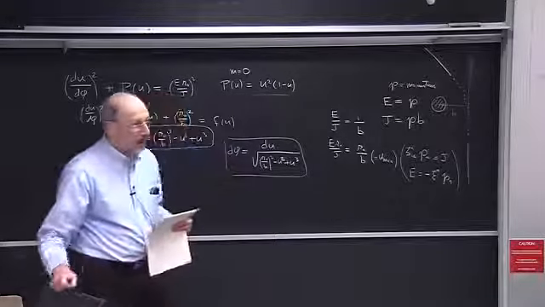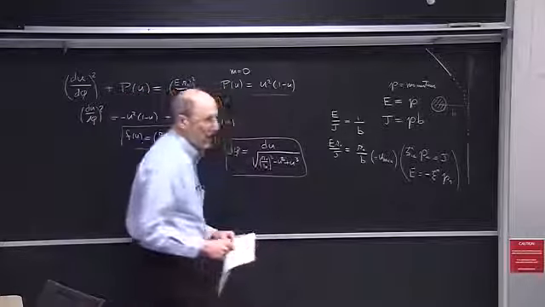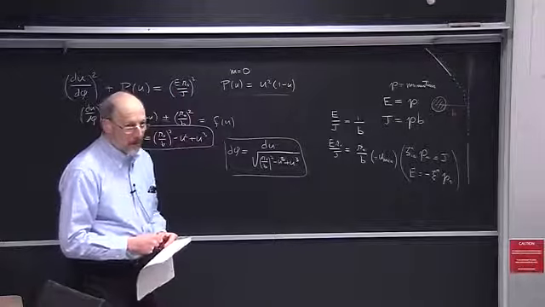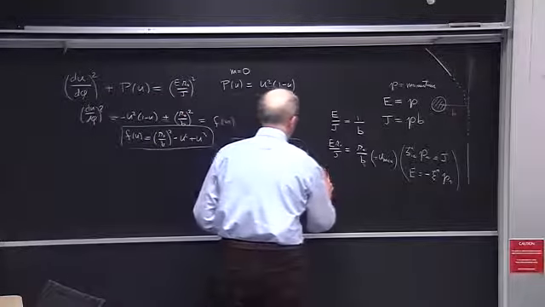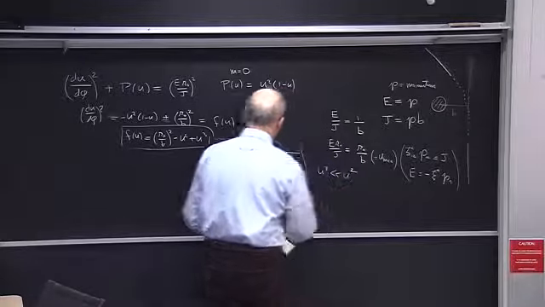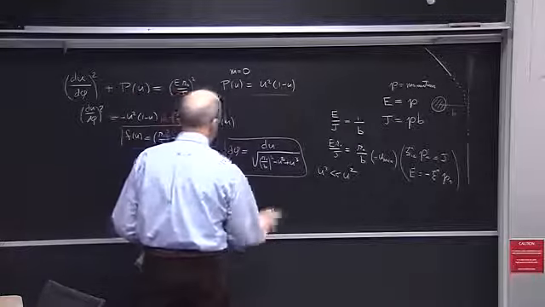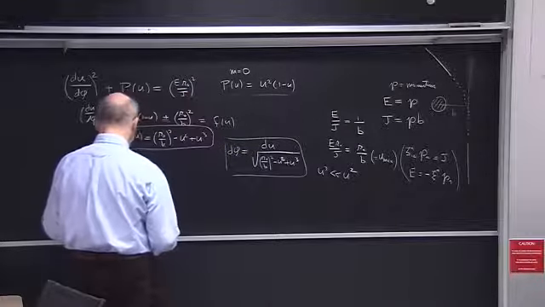So we have at least 100,000. So this u is smaller than 1/100,000 anyway. So u cubed is much, much smaller than u squared, and we can again make an approximation in which we expand it out in that way.